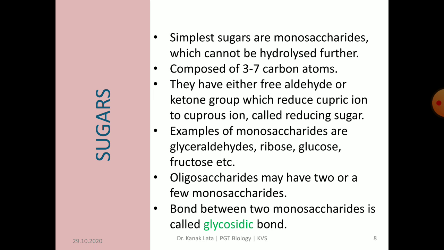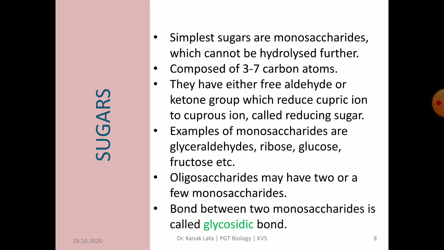Now we will know about sugars. Sugar is a carbohydrate and the simplest sugars are monosaccharides. Monosaccharides cannot be further hydrolyzed into smaller units. The monosaccharides usually have 3 to 7 carbon atoms per molecule.